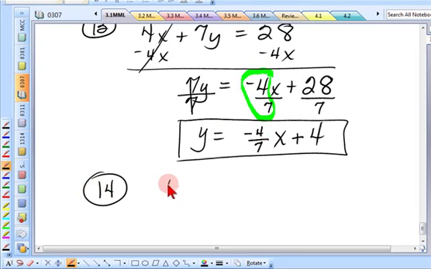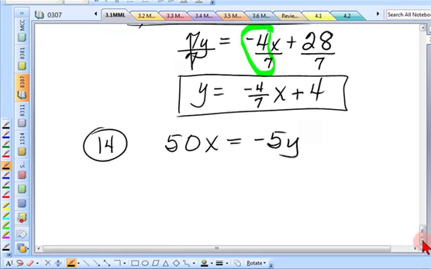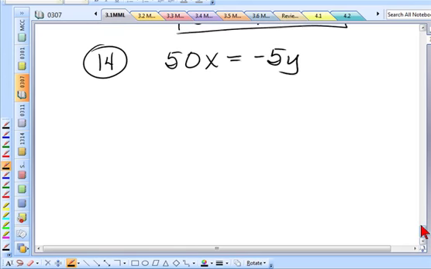Still solving for y, and it says 50x is equal to negative 5y. Now, what is it I want by itself? Y. So this number right here, this negative 5, is it being subtracted, added, multiplied? What's it doing?